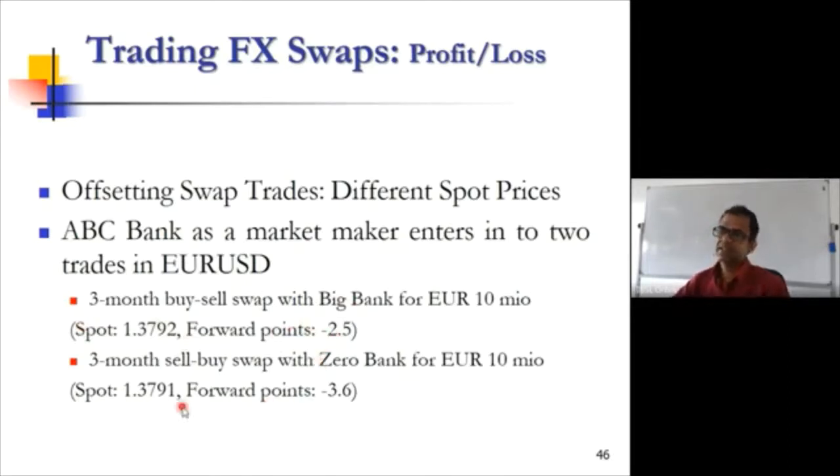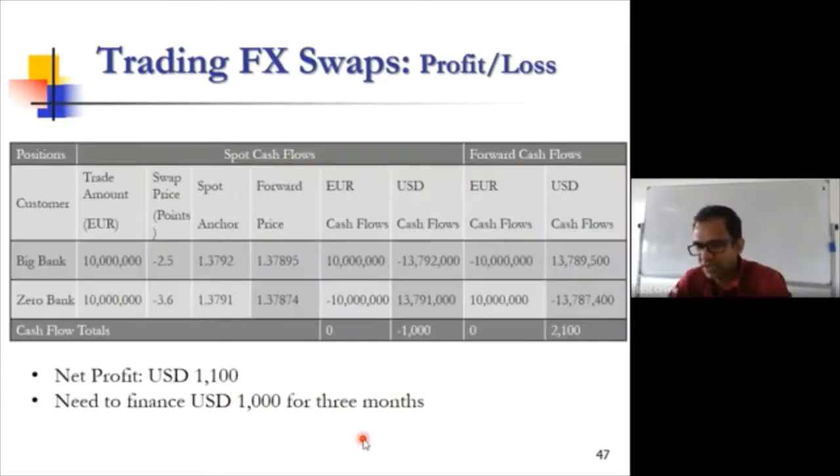The second transaction, the sell buy transaction, is at spot 1.3791 instead of 1.3792. The spot rate is 1.3791, but still the forward points are minus 3.6.